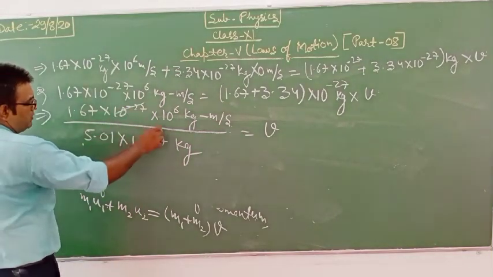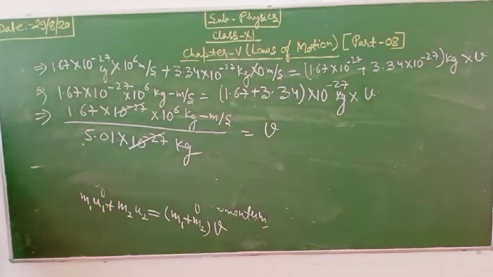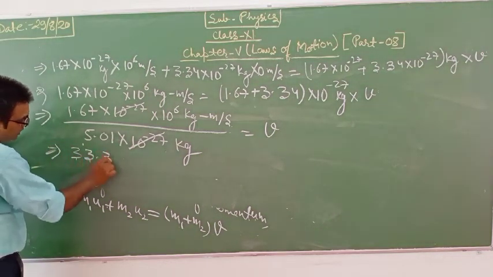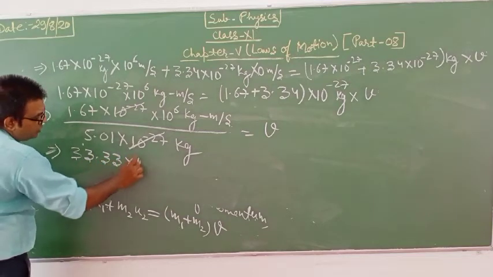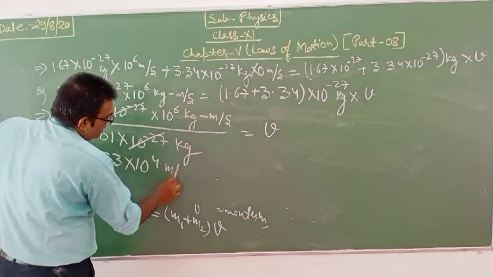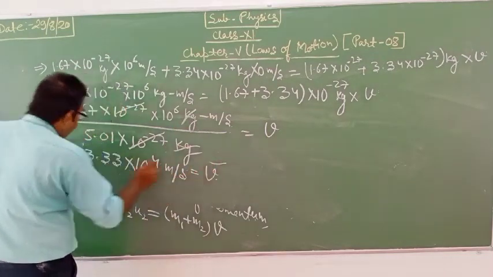Now the kg cancels out, and the result is 33.33 into 10 to the power 4 meter per second.